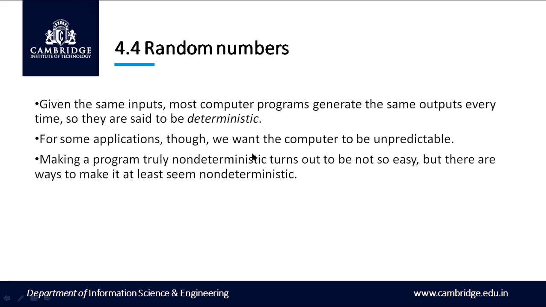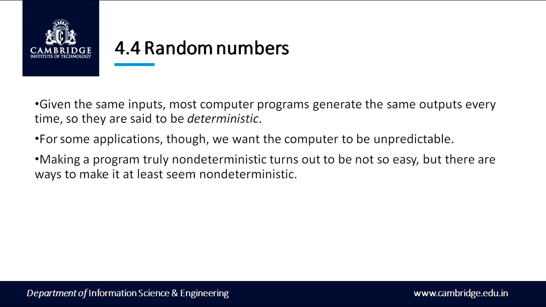Next topic is random numbers. When we use computer programs and give certain inputs, you know that every time you get the same output. Such cases, where you can predict the outputs, are called deterministic.